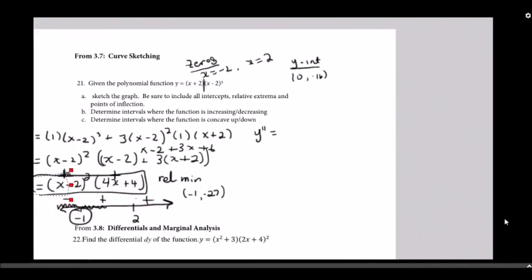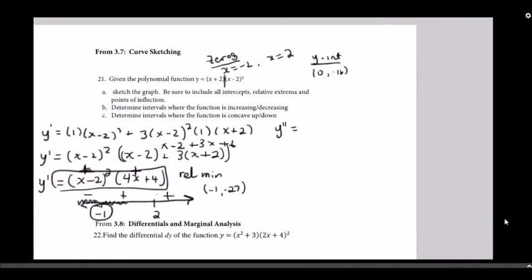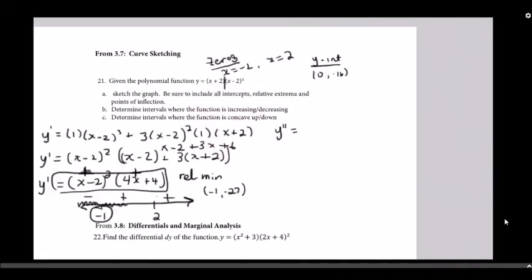So if we do the second derivative, and then test the points of inflection for concavity, this is going to be another product rule. So f prime times g, and I'm running out of room, plus g prime times f.